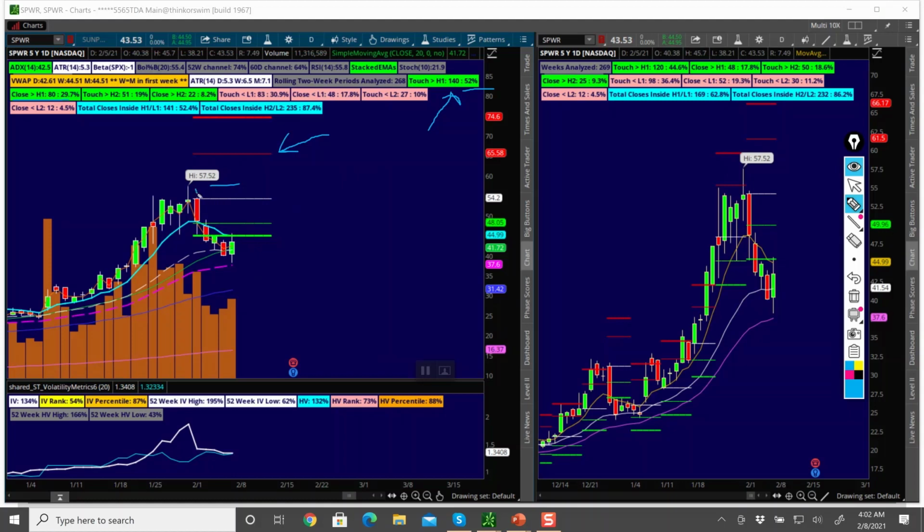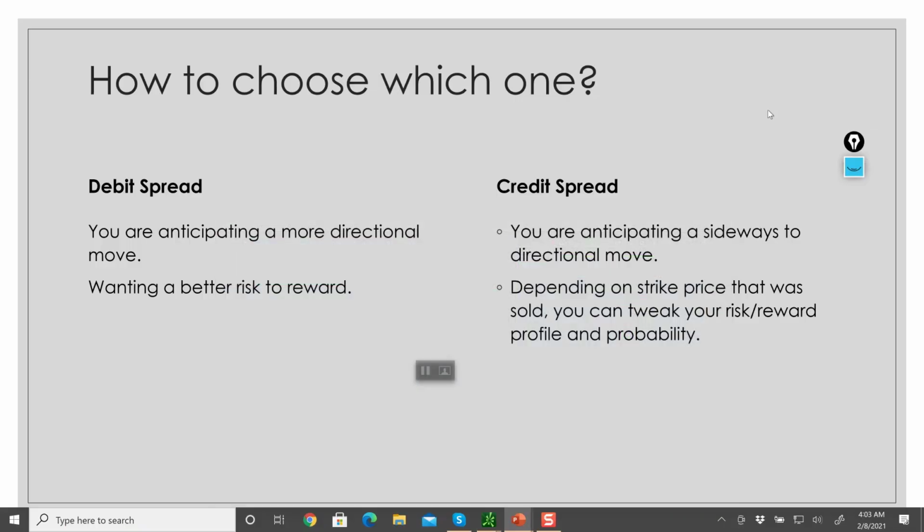But that was starting on this day, so that is no longer valid. On Monday, where it opens, a new set of lines will appear. So anyways, that's basically what I'm saying: I would sell that strike as my target versus a delta 30 option or call.